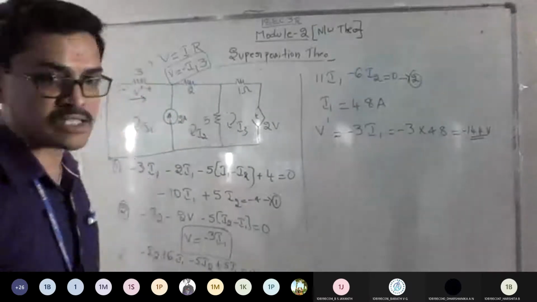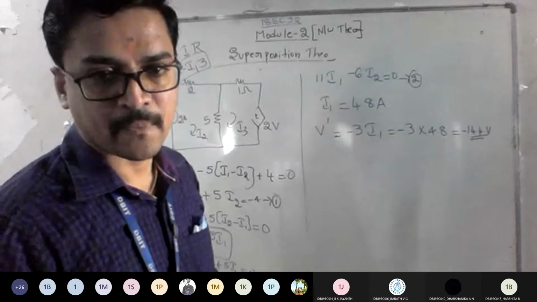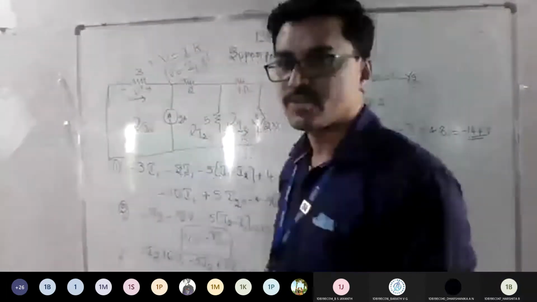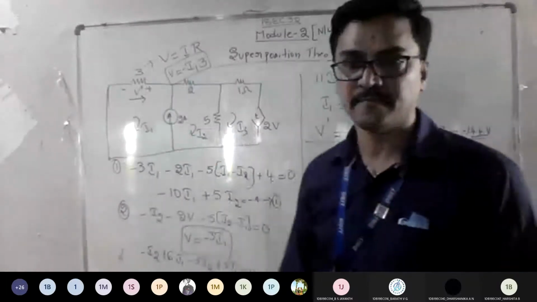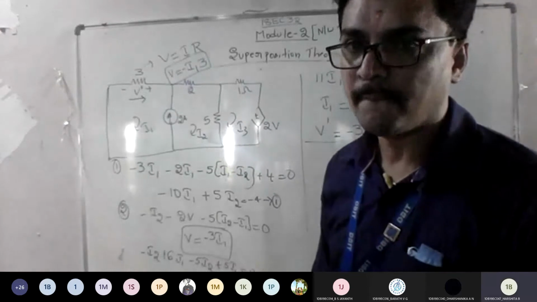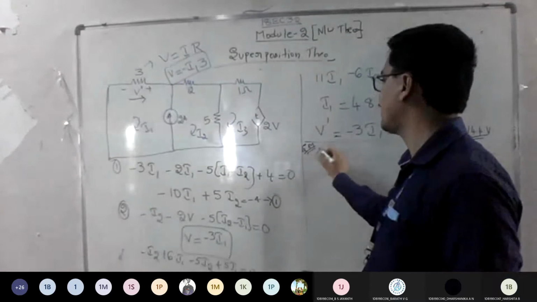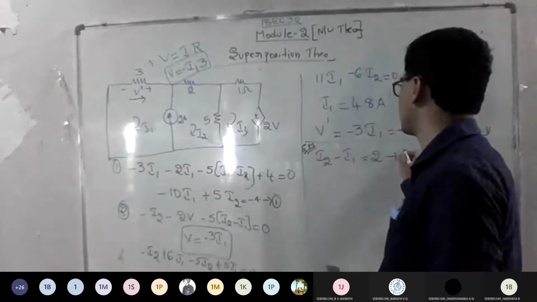Is it a concept of super mesh now? Yes or no? So for super mesh, what is the first equation? Which one is matching? I2. Applying super mesh, you are going to get I2 minus I1 equal to 2 amp. That is the first equation.